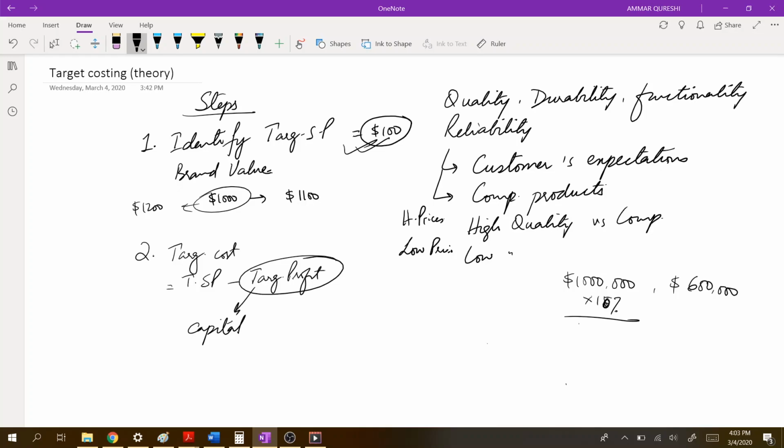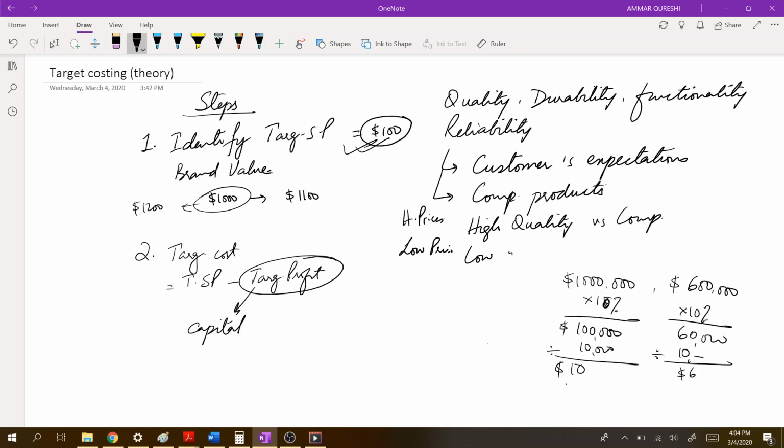So 10% means we have to generate around 100,000 profit from this particular product, right? And if we are selling 10,000 units of the product, then that means we have to charge $10 profit from the product. Similarly, if the capital involved is 60,000, that means 10% profit will be around 60,000 divided by 10,000 units. That means we have to charge a $6 profit from the product.